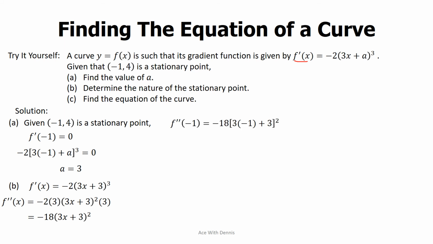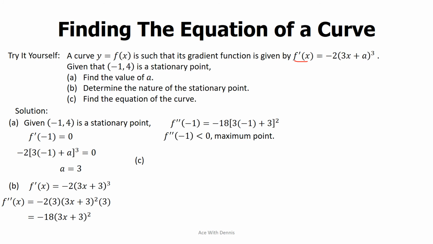So we substitute x equals negative 1 into this f double prime x. We get negative 18 times (3 times negative 1 plus 3) squared. We get a negative value. Hence, it is a maximum point. Remember, we don't have to really find f double prime of negative 1. We just need to know the sign.